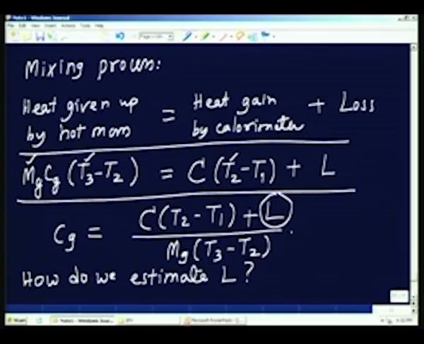We can make a suitable assumption for this. If you remember in the radial flow heat conduction apparatus, we saw that the loss is proportional to the delta T, the temperature difference between the inner cylinder and the outer cylinder. Therefore, I can assume here also that the loss is proportional to the temperature of the calorimeter minus the jacket temperature.